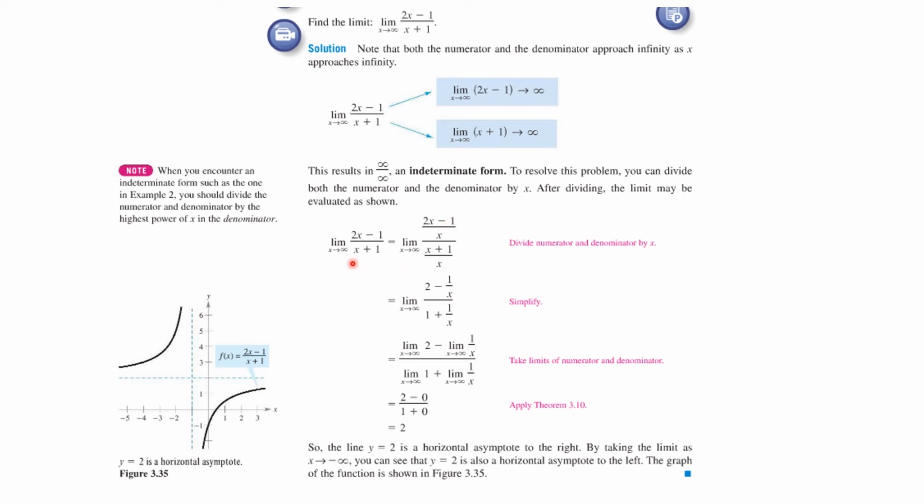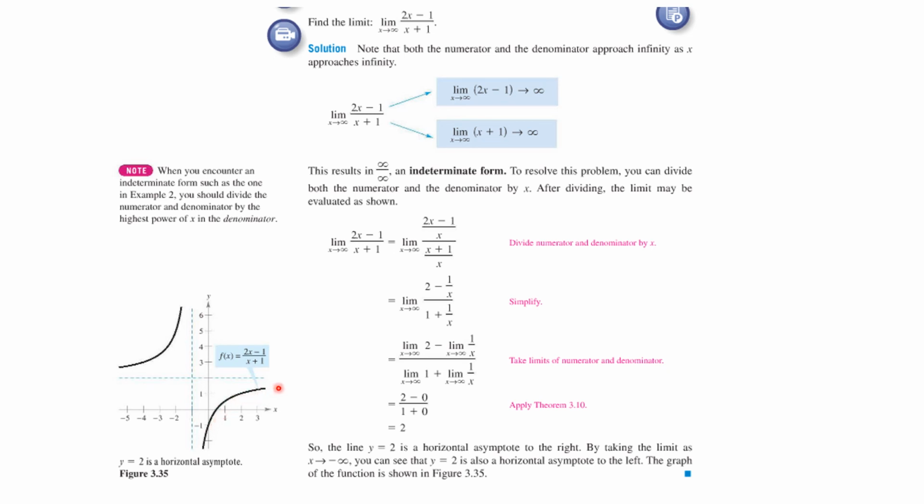And we see if we divide the numerator by x and the denominator by x, we've really multiplied by 1 in a clever way, resulting in this. And now we can use the theorem that we have to say that this is going to end up being 2.